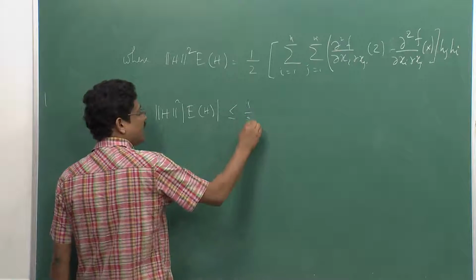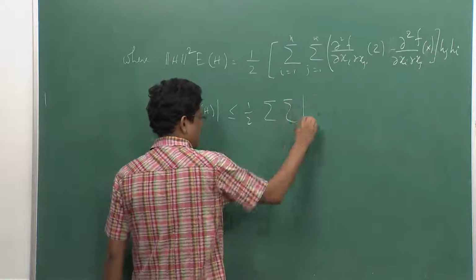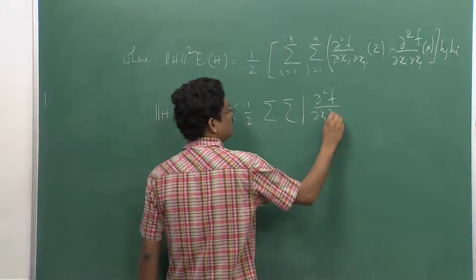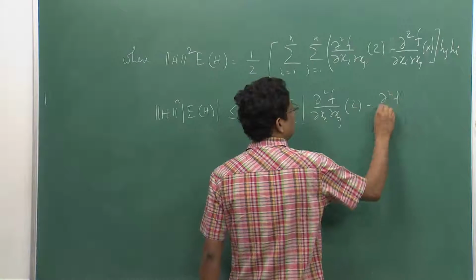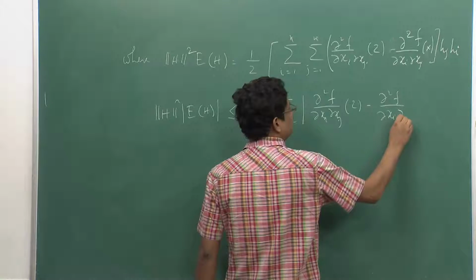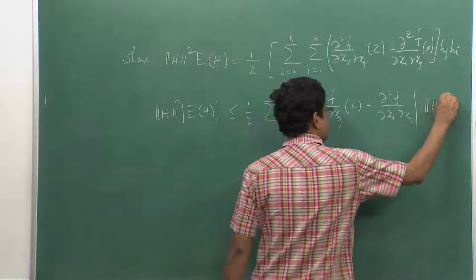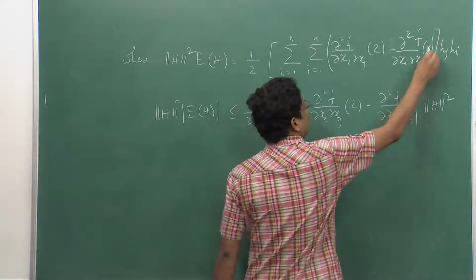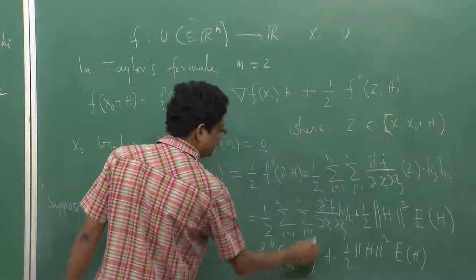This is less than half of the second partial derivative of xi xj at x naught.